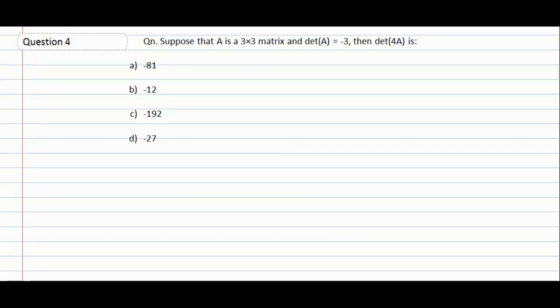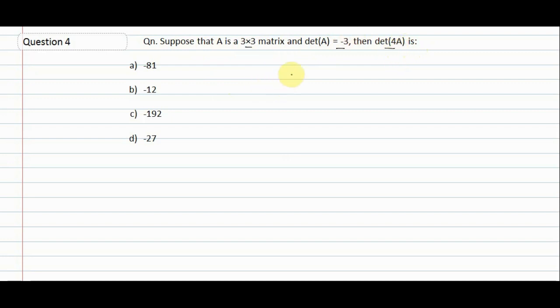Now let's discuss one question. Suppose that A is a 3 by 3 matrix and the determinant of A is equal to minus 3. Then the determinant of 4A is. So here the question is, we have a 3 by 3 matrix given and the determinant value is also given. We have to calculate the determinant of 4A.